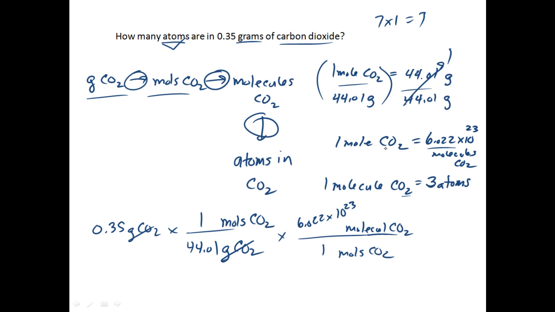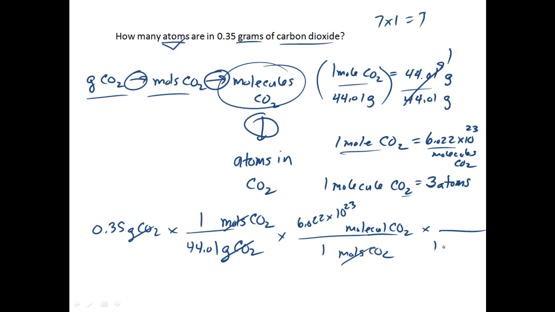All right, so we divided both sides of this equality here by 1 mole, and that gave us this conversion factor. So we know we've set this up right because the moles of carbon dioxide cancel out, and we're left with molecules of carbon dioxide. So now we're at this point. So the last part of this calculation is they didn't ask for molecules of carbon dioxide, they asked for number of atoms.